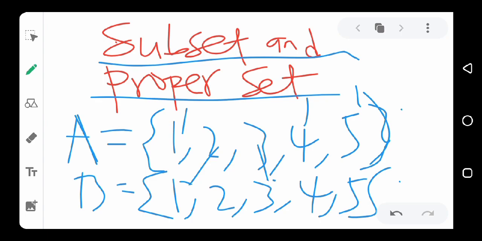We can give some other examples. Let's say that we have A equal to integers. Integers can be positive or negative.